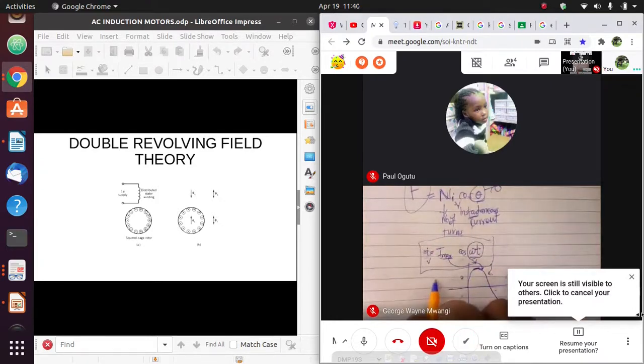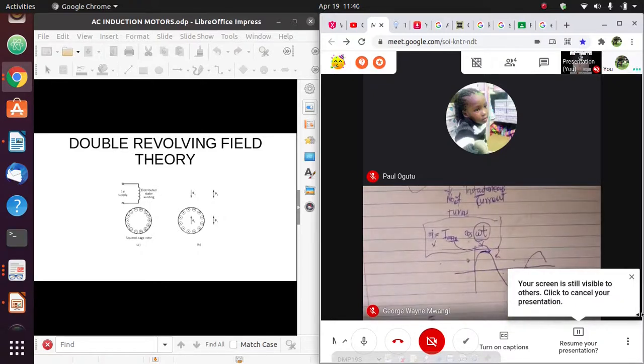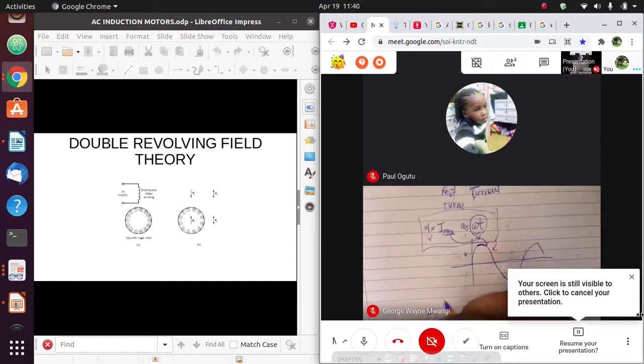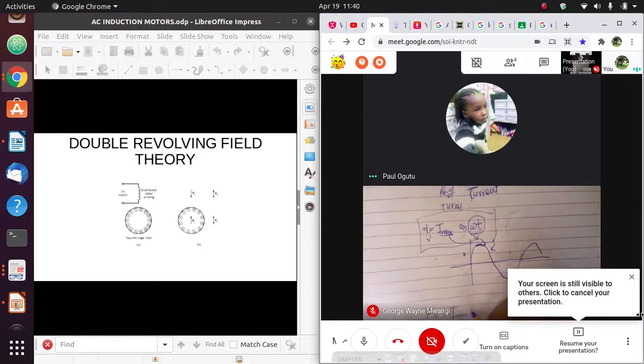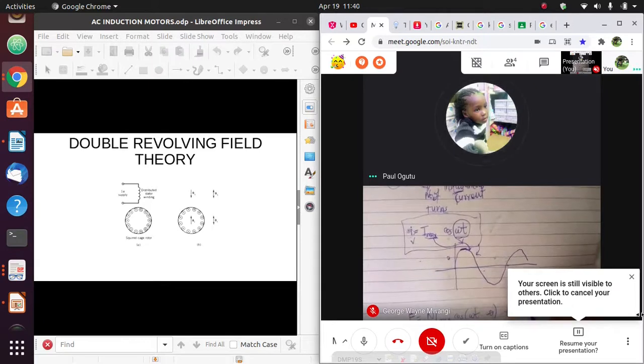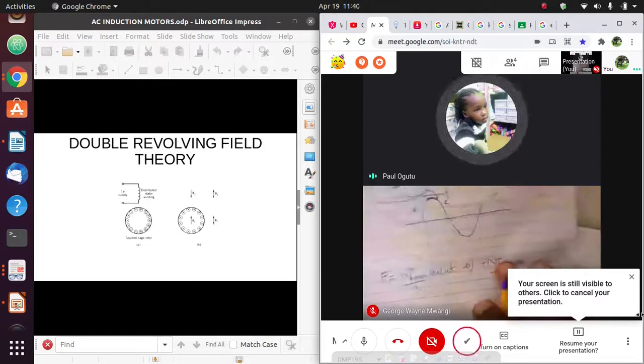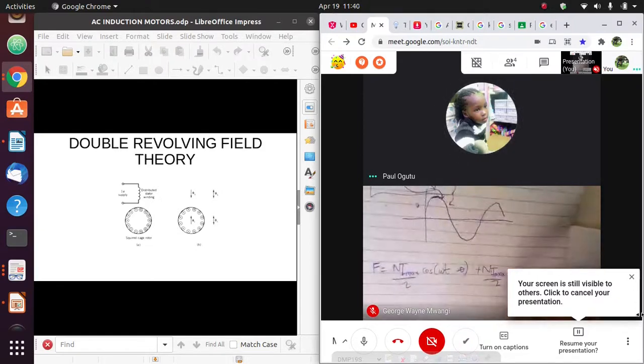Now, the force being produced by the forward field will be N I max over 2 cos (omega t minus theta) plus N I max over 2 cos omega t.